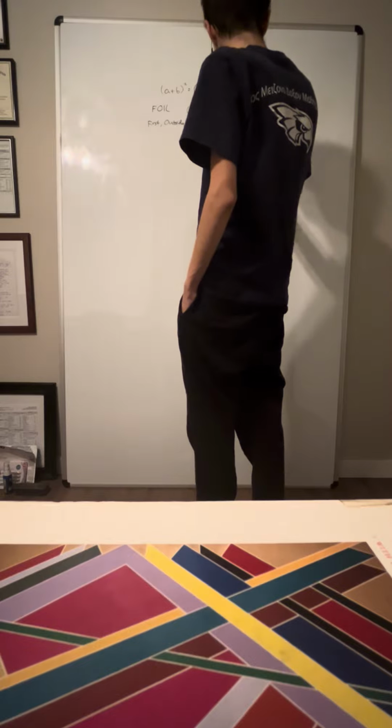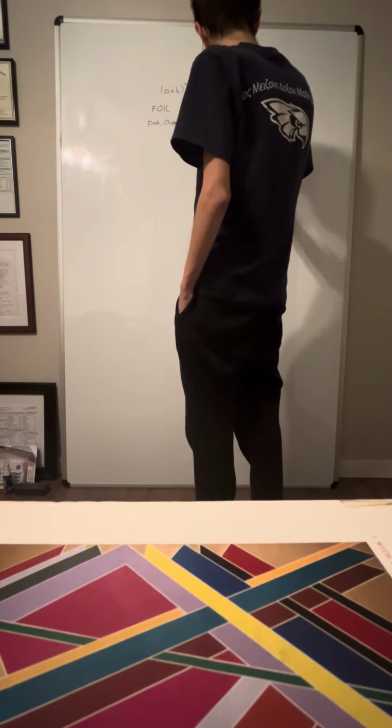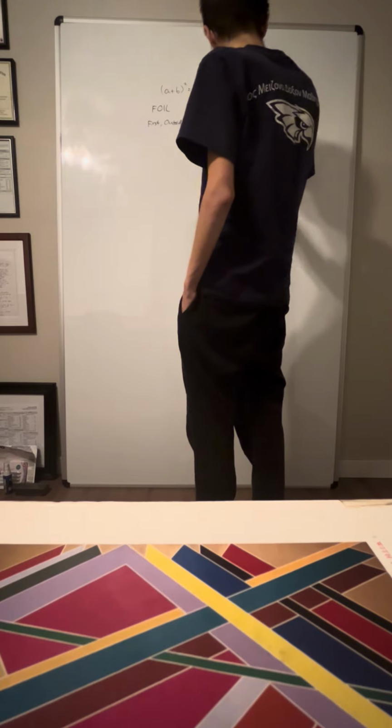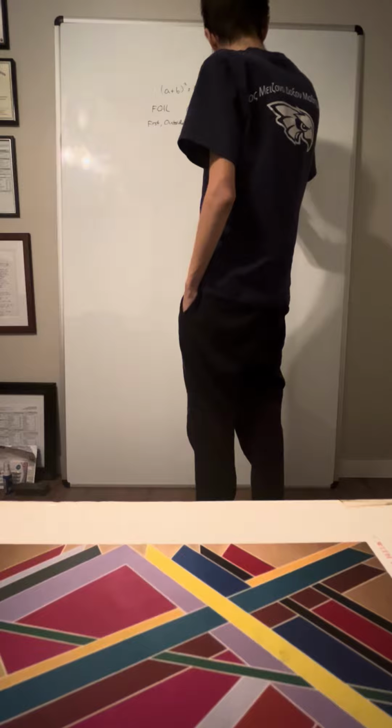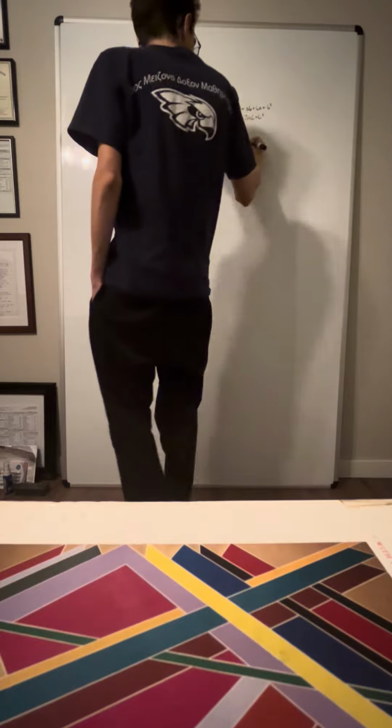If we do the area of each individual piece, we get a squared here, then an ab piece, this is ab, this is b squared.